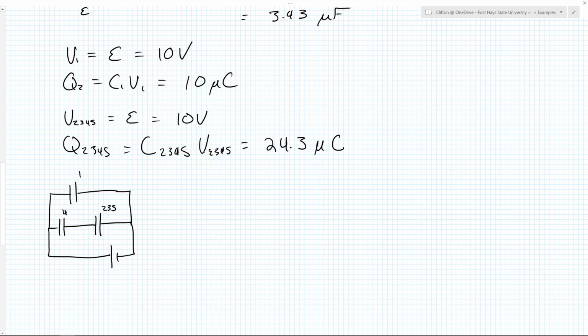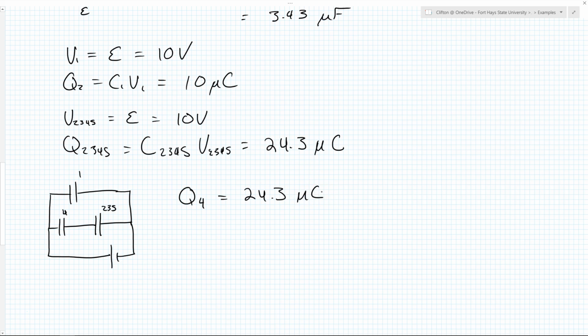So the thing that I need to know when I unpack an effective capacitor into two or more capacitors is that when they're in series, the charge on each capacitor is the same as the charge on the effective capacitor. That's an easy mistake to make, is to try to divide this charge by 2 or some ratio, and you don't need to do that. So what I'm saying here is that the charge on capacitor 4 is equal to 24.3 microcoulomb.